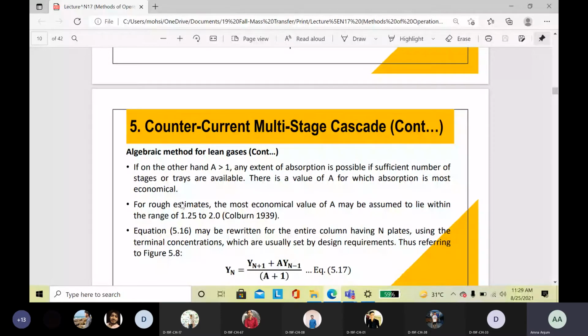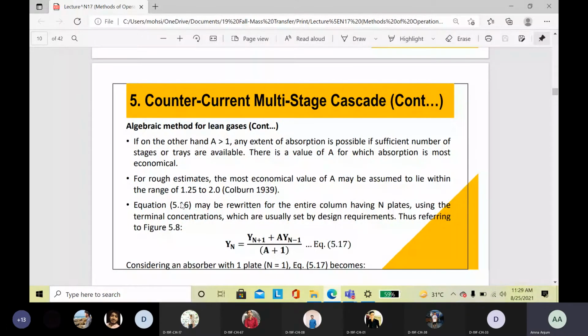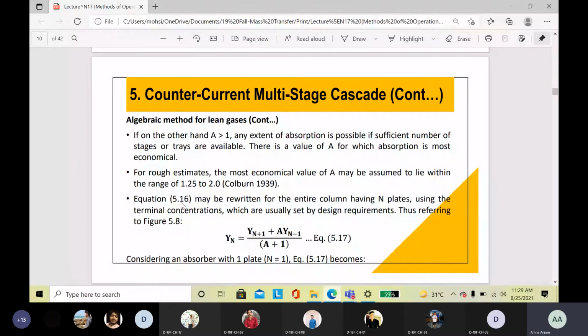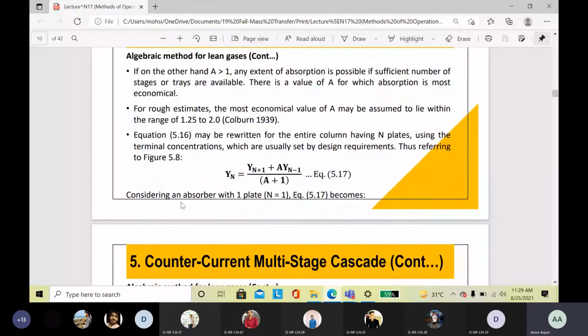Equation 5.16 may be written for the entire column having n plates using the terminal concentrations, which are usually set by the design requirements. Thus, referring to figure 5.8, we can write this equation, that is y n equals y n plus 1 plus A y n minus 1 over A plus 1.